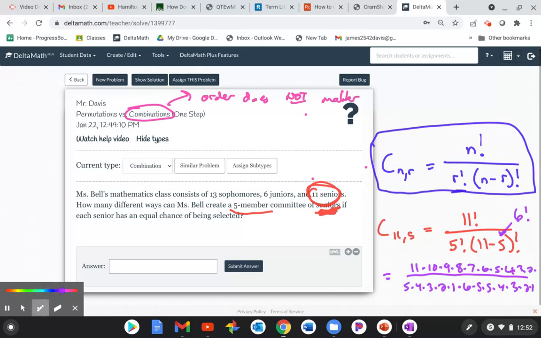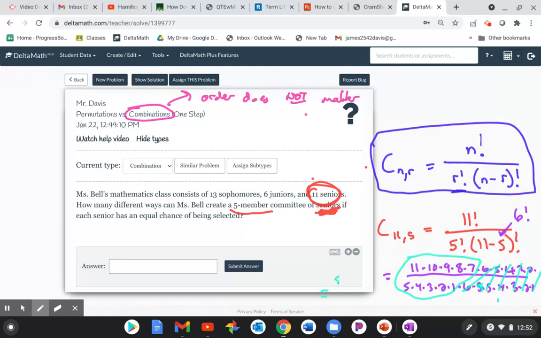So if you write all these out, you'll see we do get cancellations, as we would expect. The 1s cancel, the 2s, 3s, 4s, 5s, 6 cancels. So those all cancel. We are left with all of this, though. So we'd want to do the top and the bottom separately. On the top, we'd want to do 11 times 10 times 9 times 8 times 7.